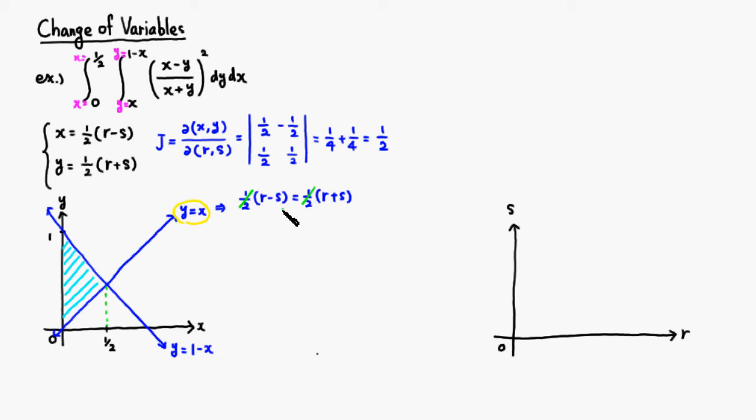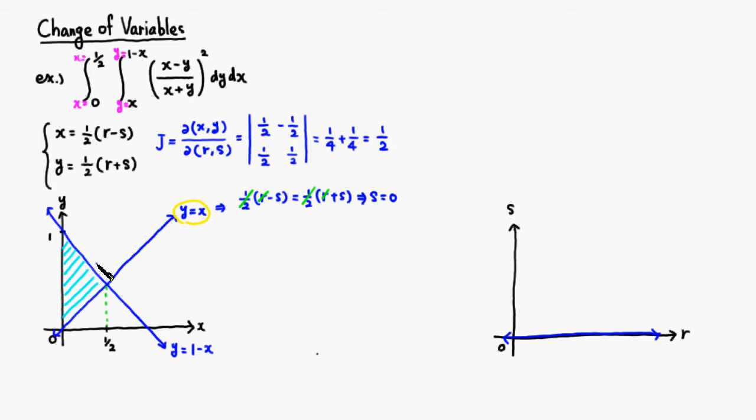Multiply both sides by 2, and subtract r from both sides. It basically says that negative s equals s, or 2s equals 0. So this just means that s is going to be 0. So s equals 0 is simply the r-axis. I'm going to just draw a line here. So that boundary is going to be transformed into basically the r-axis.